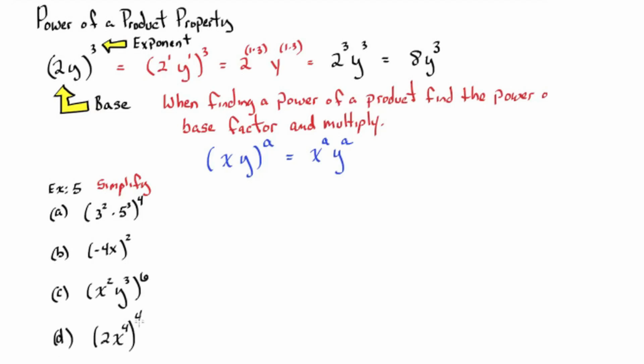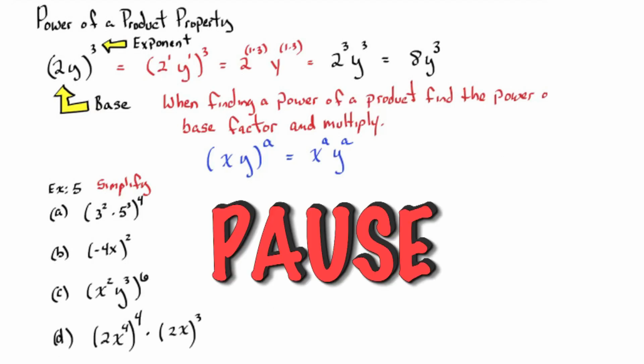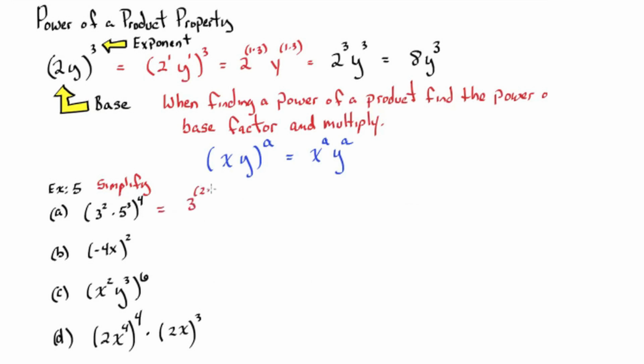Try this example. So we have to look for the power of each base factor and multiply times the exponent outside the parentheses. So we get 2 times 4 is 8, and 3 times 4 is 12, 3 to the 8th, 5 to the 12th.